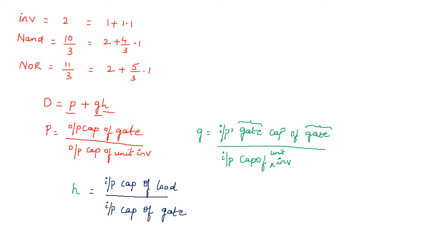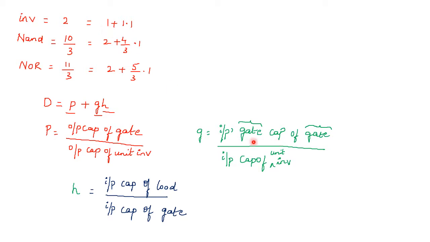Now let's take a look at the examples that we have written above. P of an inverter is the output parasitic capacitance of the inverter divided by the output parasitic capacitance of the unit inverter, which is 1 in this case, 3RC by 3RC. The gate under consideration here is nothing but the unit inverter, so the ratio gives you 1.